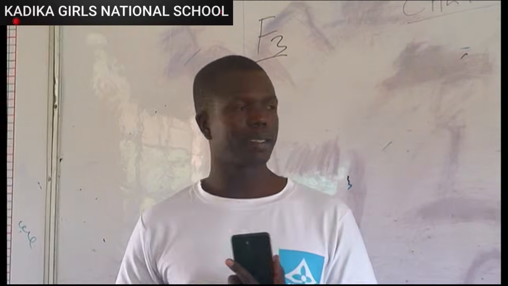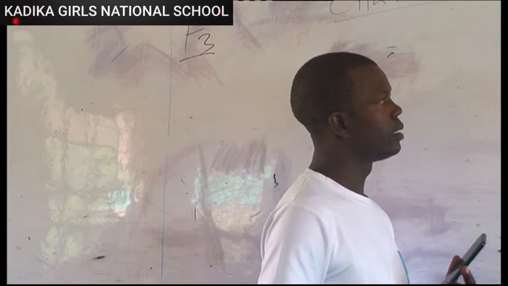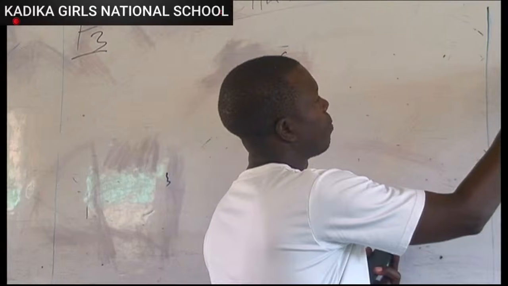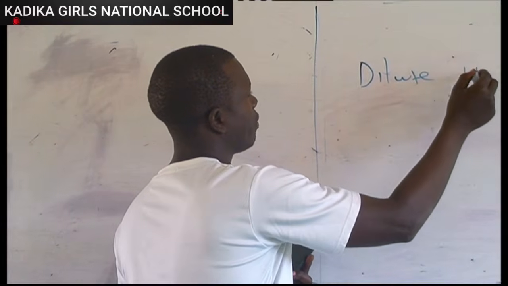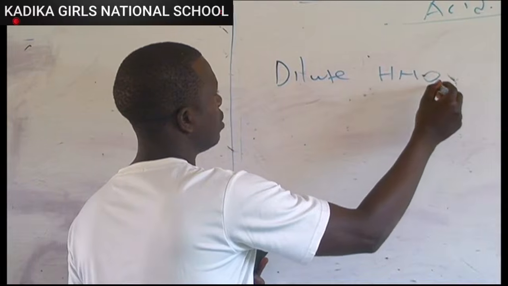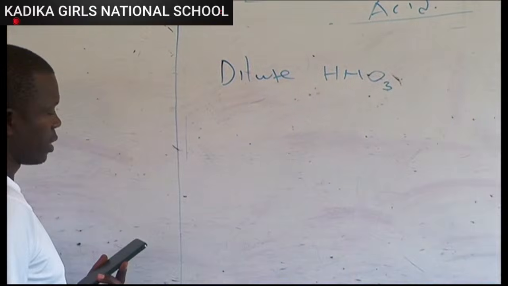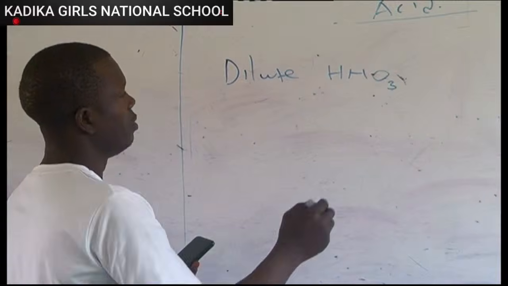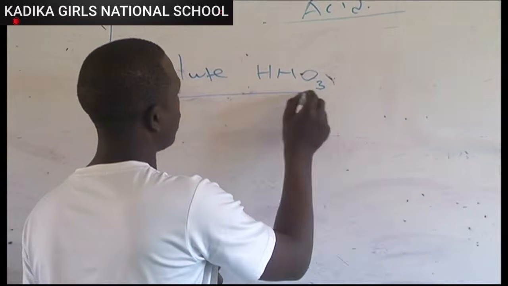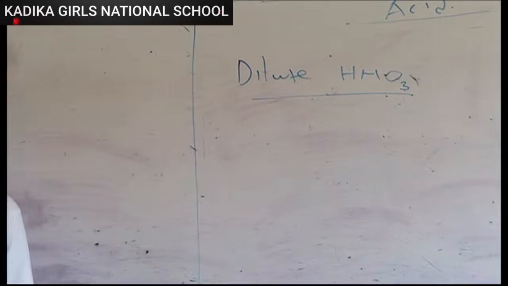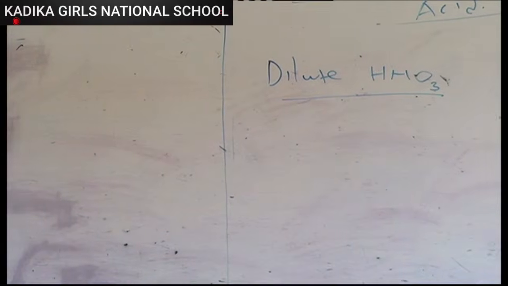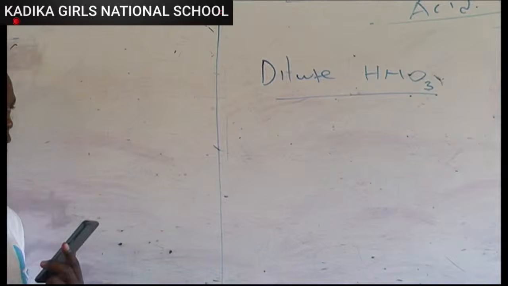Now, I want to say that dilute nitric 5 acid reacts with very many substances. It reacts with both metal and metal oxides.